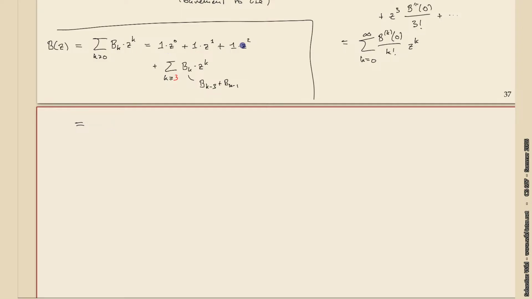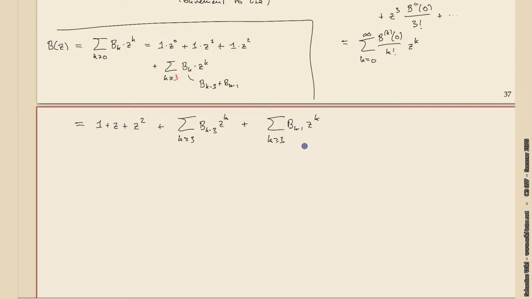And we have these terms. So it's 1 plus z plus z squared plus, now these can immediately split. They're inserted here, but then I can take the sum apart. There's one sum, k greater or equal 3, b_{k-3} z to the k, and the second sum, k greater or equal 3, b_{k-1} z to the k.